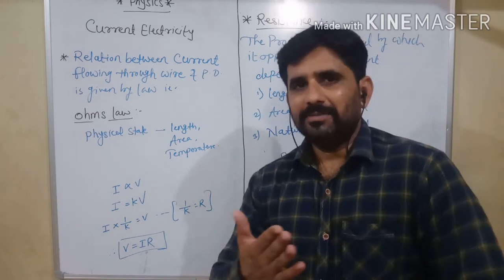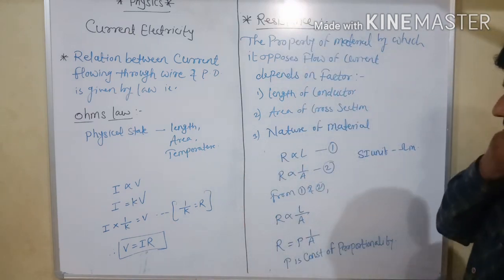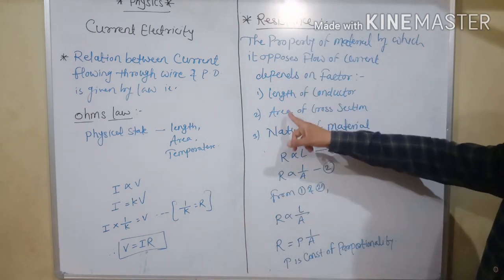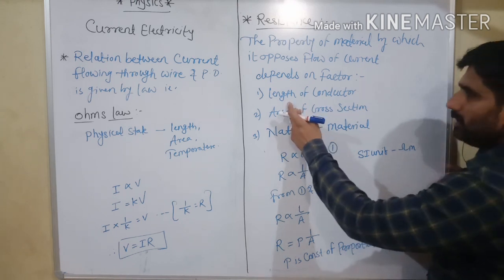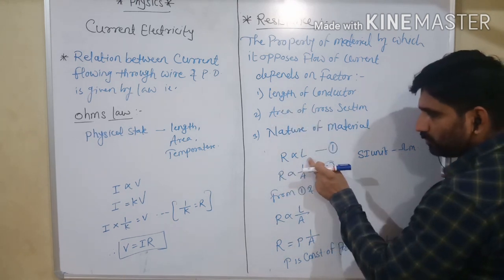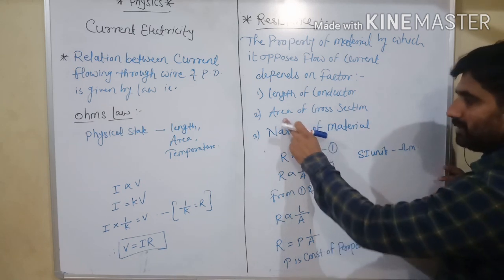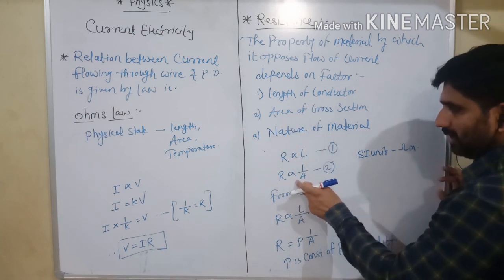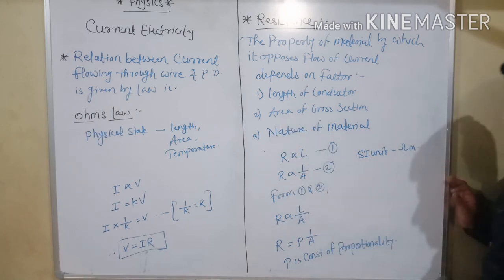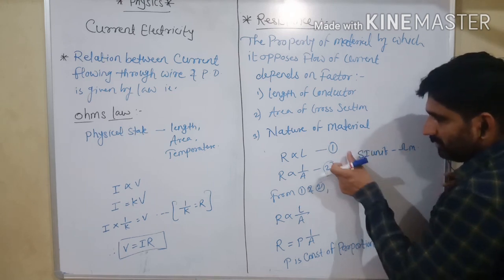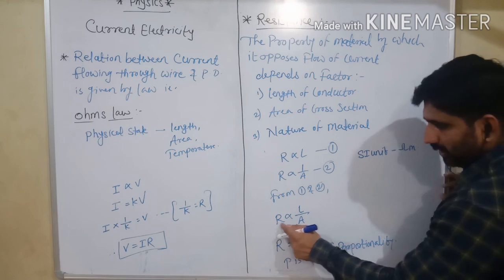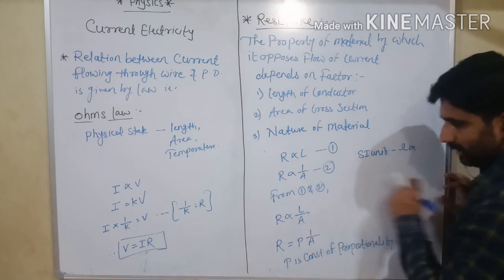Let's see mathematically what resistivity is. As we see, resistance depends upon certain factors: it depends upon the length, so R is proportional to L. It also depends upon the area, that is R is inversely proportional to area, 1 upon A. By combining both, we get R proportional to length upon area.